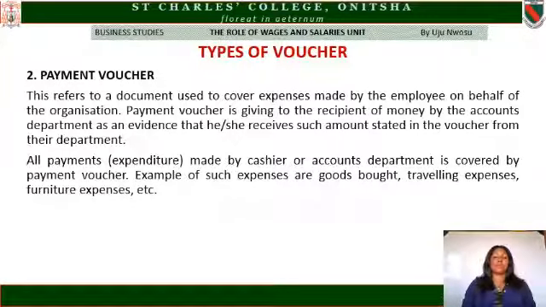He has to collect some certain amount from the organization. Another one is that maybe an employee wants to repair a furniture in the organization. All these expenses he or she made will be covered up with the payment voucher.